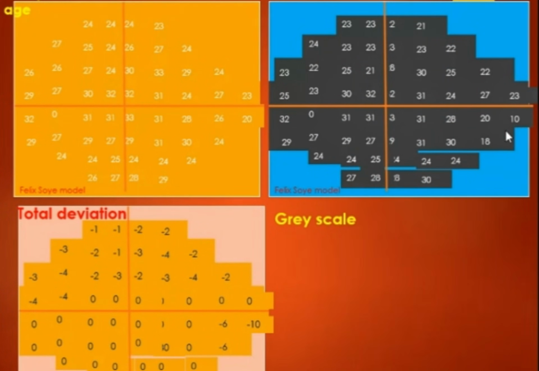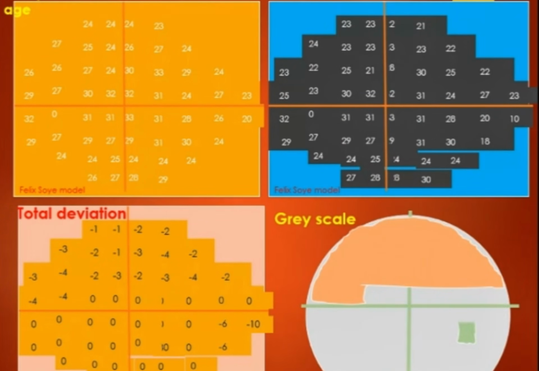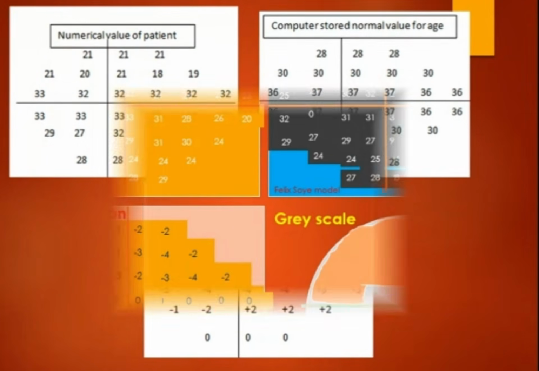So if you subtract 20 from 10, you're going to have a -10. That's how the computer compares the values gotten from the patient at the respective retinal points to values at the same retinal points gotten from people of the same age. Then the machine can now represent the deviations on a grayscale using patches to represent areas of depression.